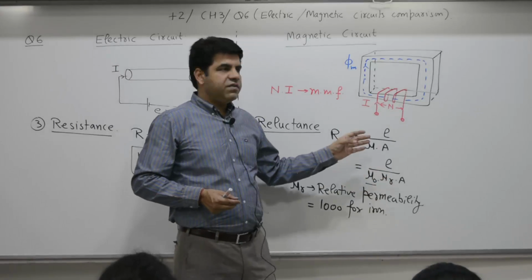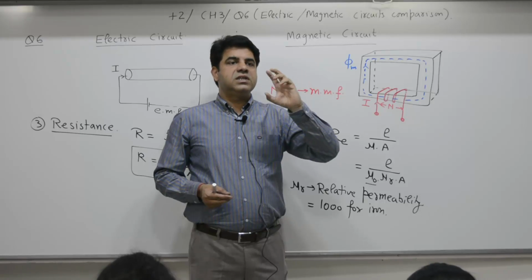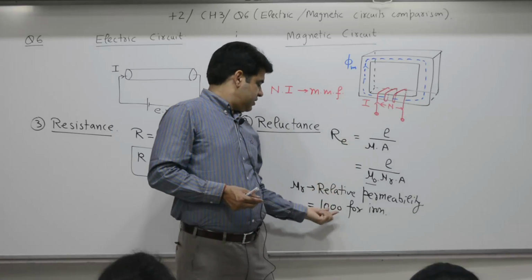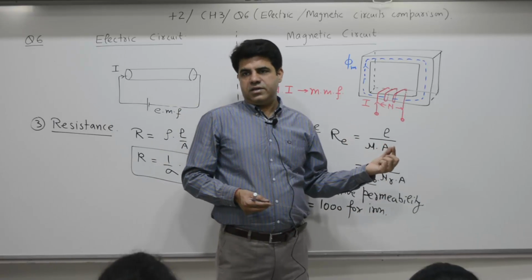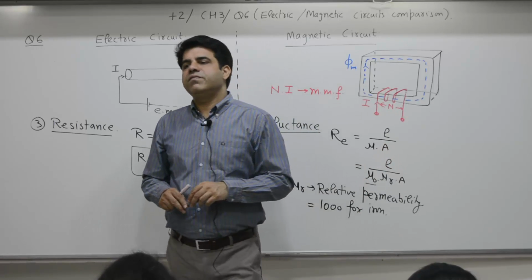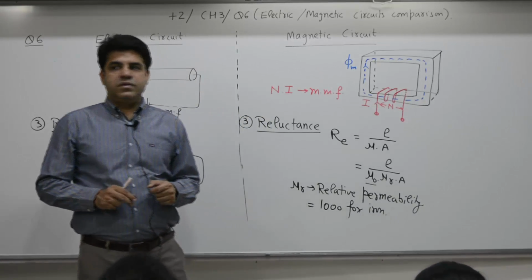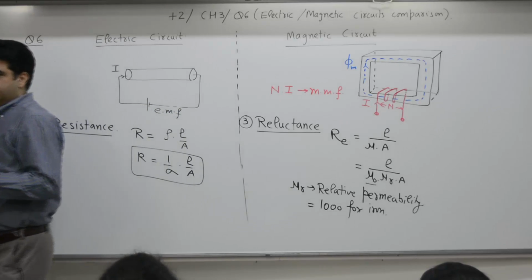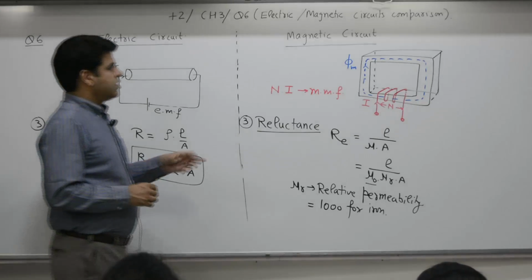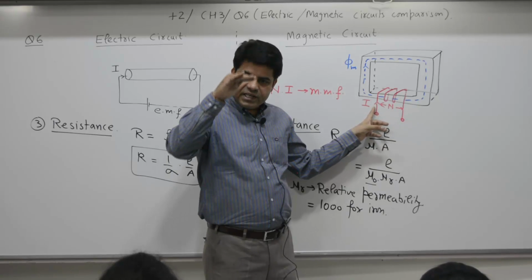That means whenever you make a transformer, stabilizer, motor, generator, wherever you need magnetic flux, you will make use of high mu r. Normal iron is 1000. Japanese core is available for which mu r is of the order of 4000 also. Expensive material. For that material, the advantage is it is easy to make a magnet, or current required will decrease.